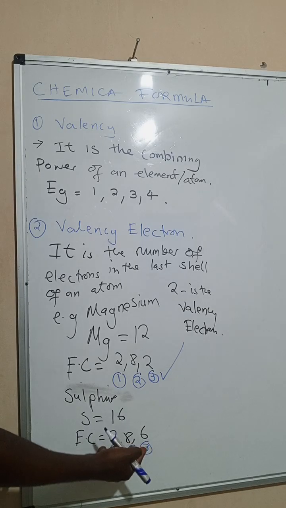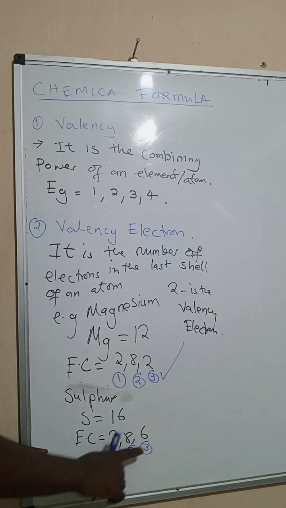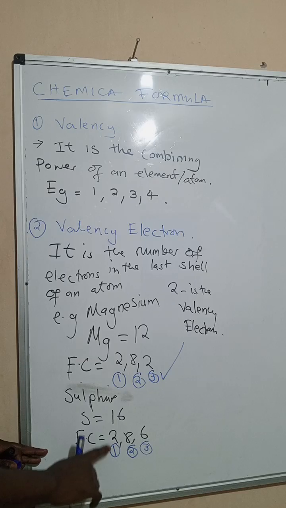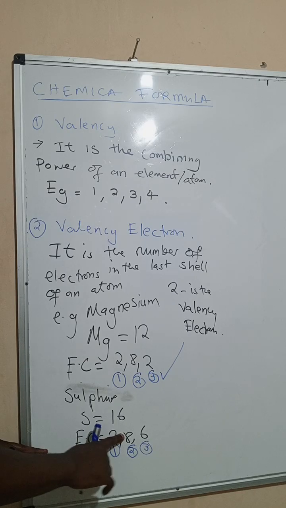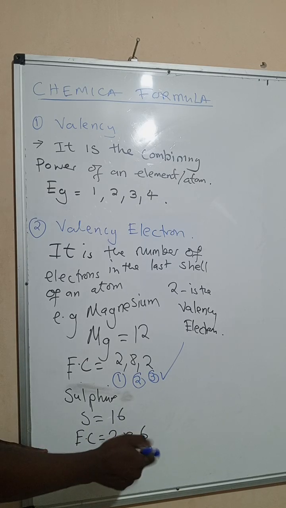So what is the number of electrons in the last shell? This is shell number 1, shell number 2. The last shell is 6.